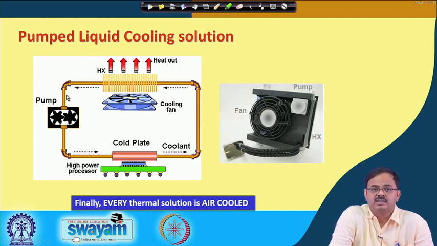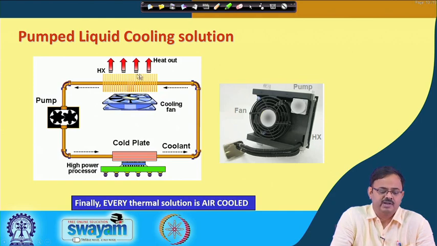So, the next question that you will ask is, finally it looks like everything is air cooled, right? The liquid just helped in extracting the heat from the place of generation and transferring it to the place where it was eventually air cooled. So, why not put this heat exchanger, this heat sink with the fins and the fan, right over here?